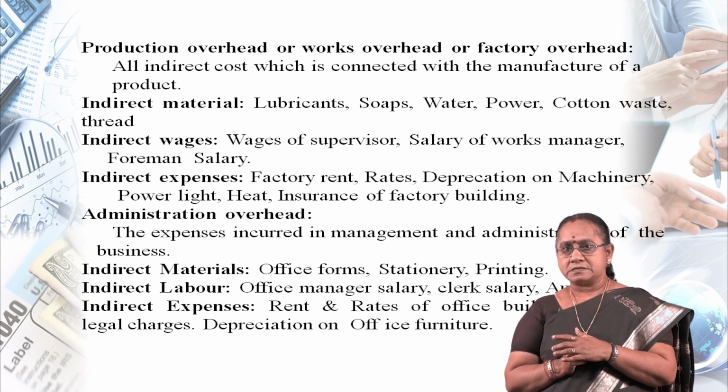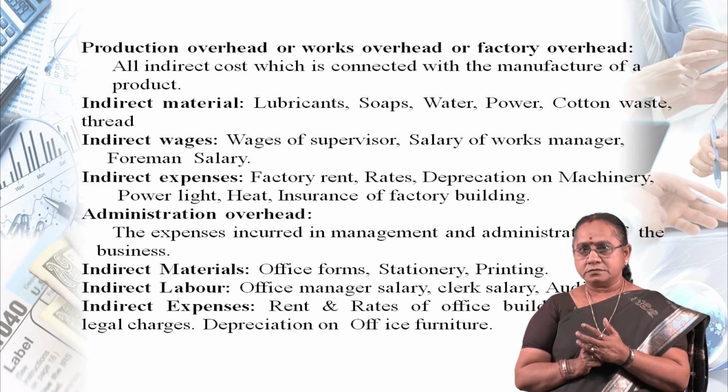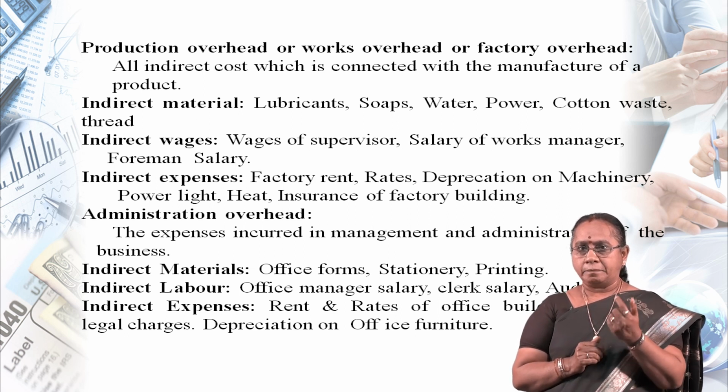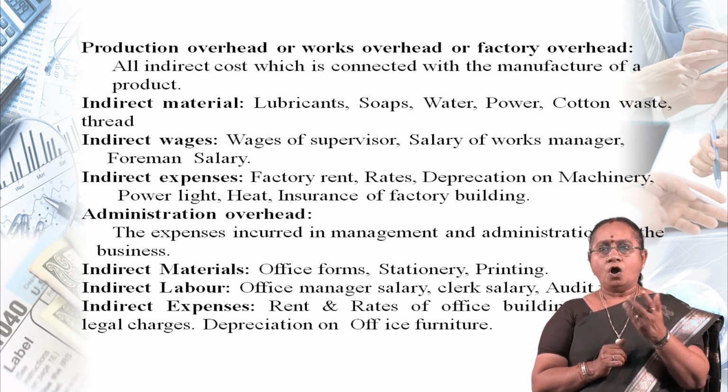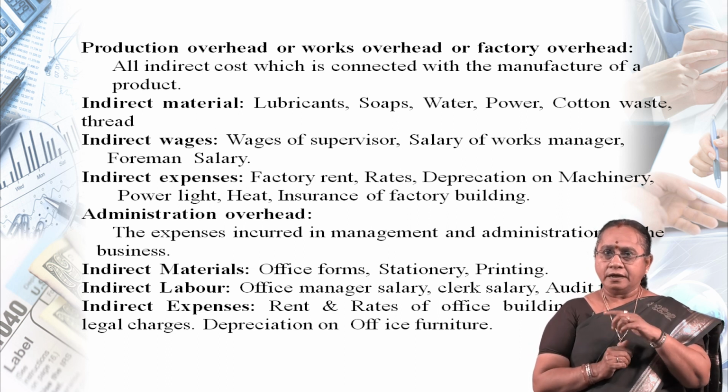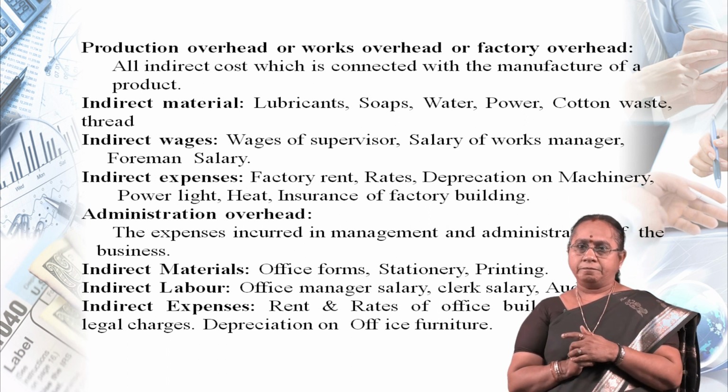For example, lubricants, soaps, water, power, cotton waste, thread, oil and fuel are all indirect materials connected to production overhead.